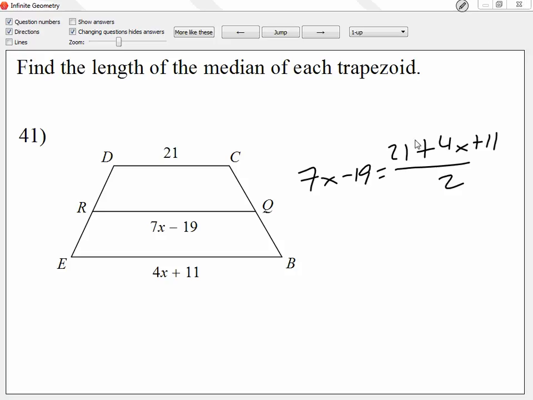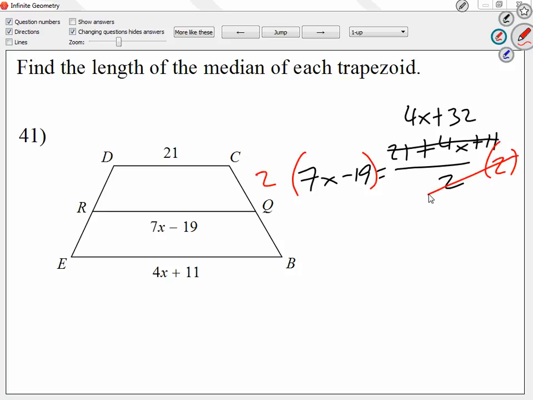The top of my fraction, I'm going to simplify that as 4x plus 32. Get rid of fractions by multiplying both sides by 2. So I'm going to have 14x minus 38 equals 4x plus 32.